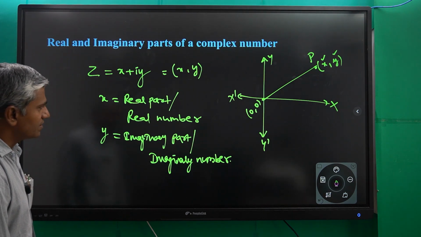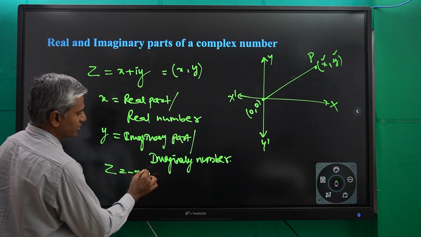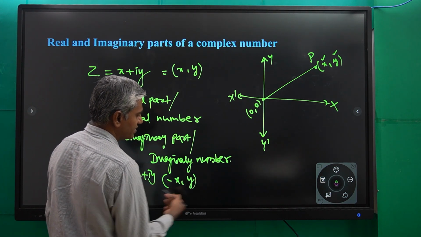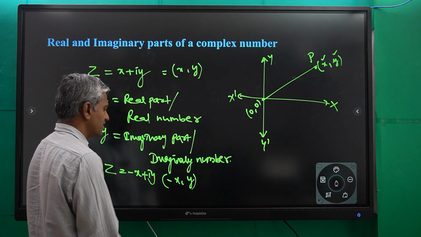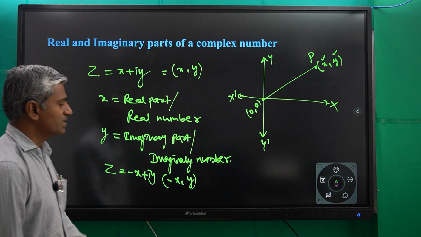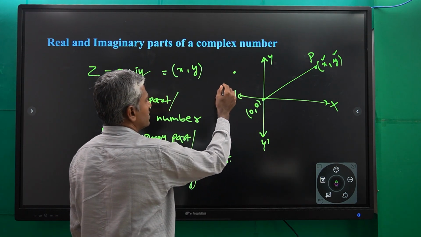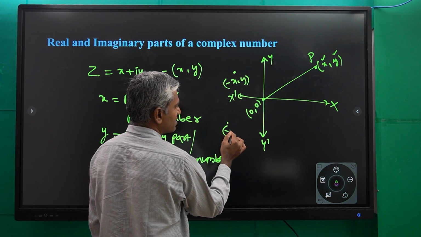We can also write z is equal to minus x plus iy, which is the point minus x comma y, and it lies in the second quadrant. Here is minus x comma minus y, and also x comma minus y.